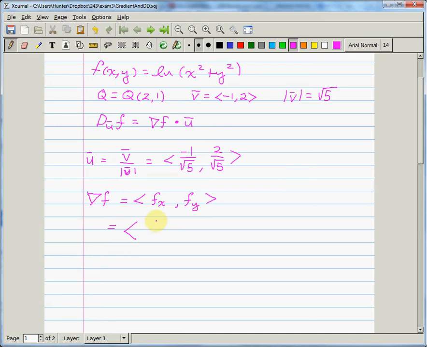Well, I'm going to assume that you can easily deduce that it is 2x over x squared plus y squared. And that's because the derivative of a logarithmic function is 1 over the input, and by the chain rule you need the derivative of the input on top. So similarly, the second component is going to be 2y over x squared plus y squared.